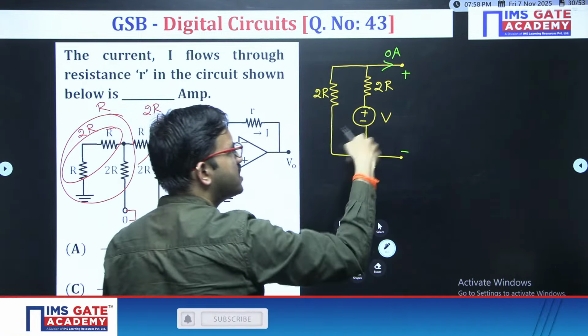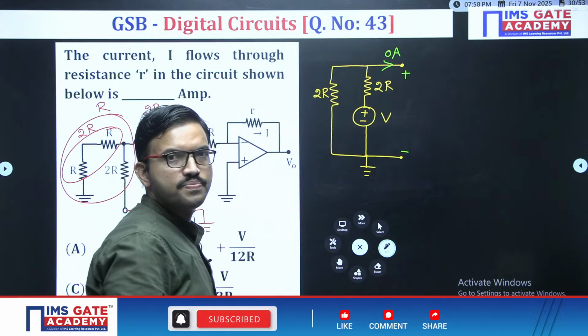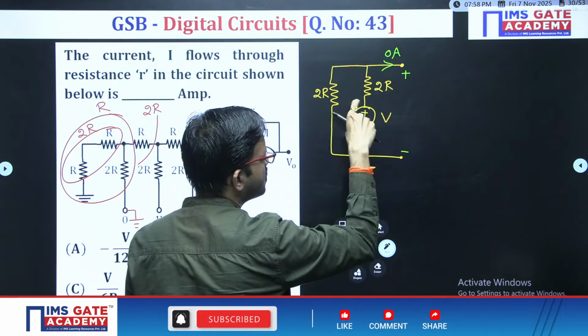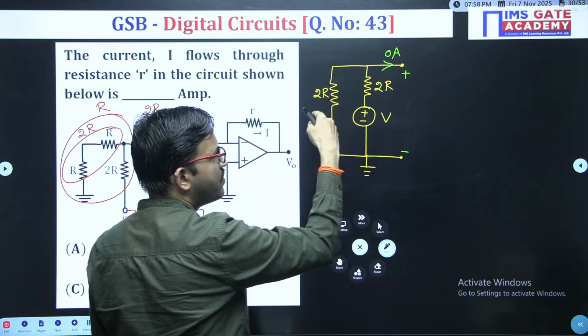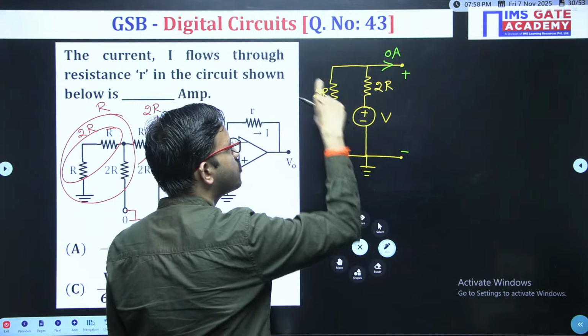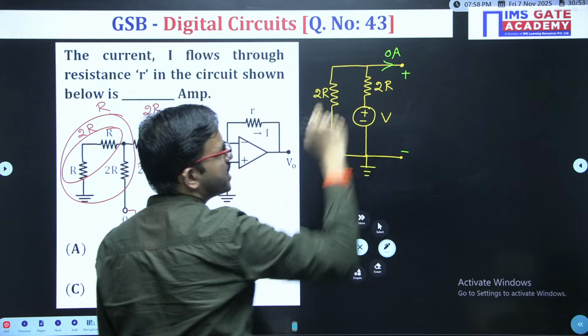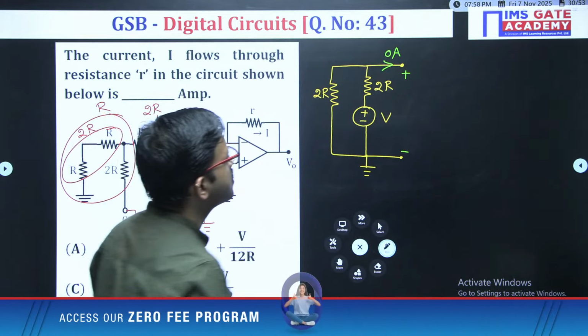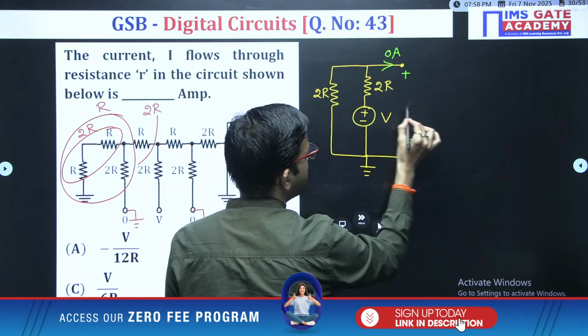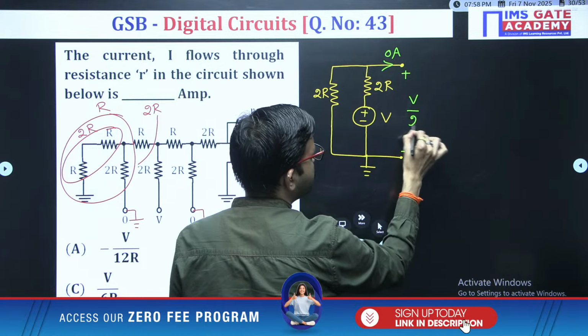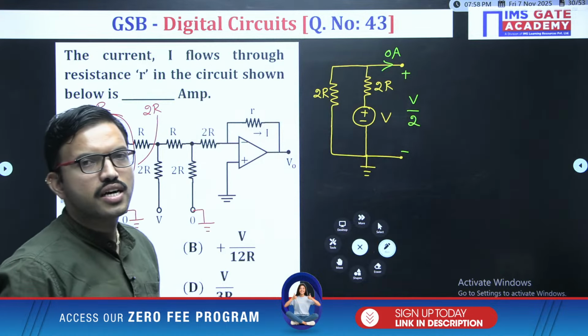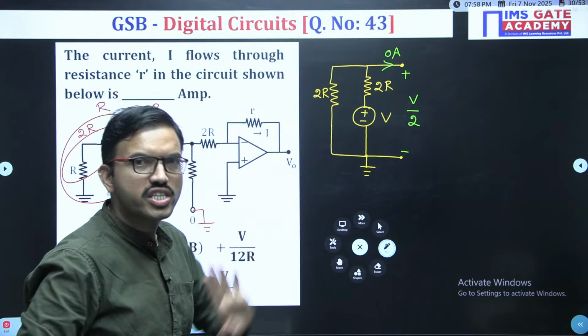In series, current will be the same, but voltage gets distributed. Since voltage V is there and the resistors have equal value, half of this voltage you are getting here, the same value you are getting here also. That means across this 2R, voltage is V by 2. That is your VTH, or Thevenin's equivalent voltage, or open circuit voltage, all are one and the same.